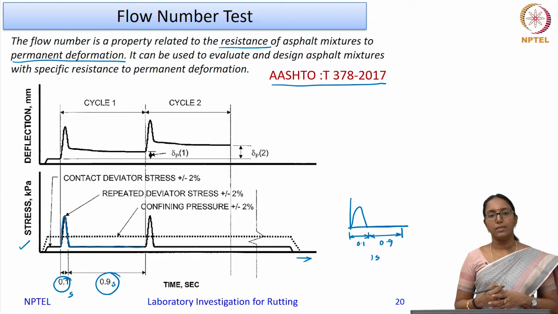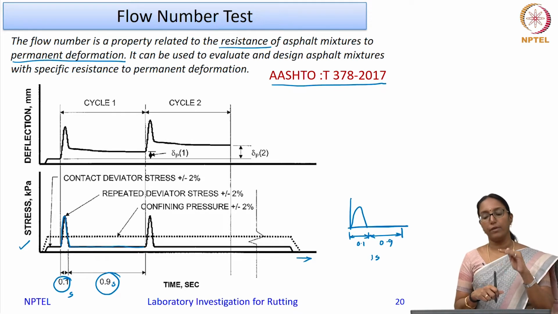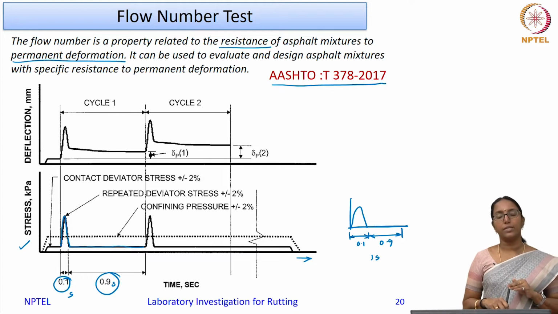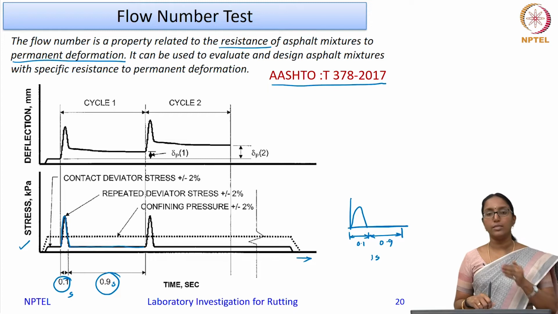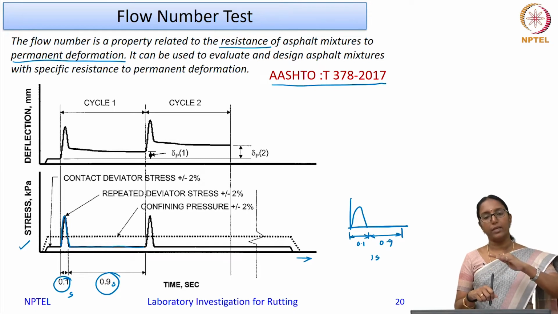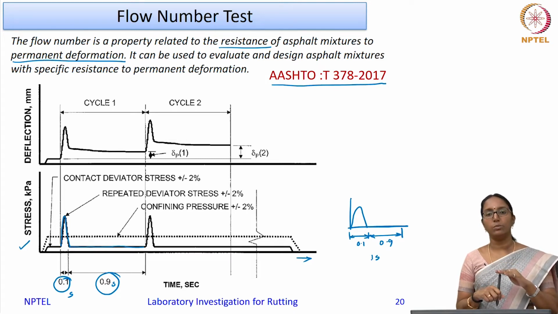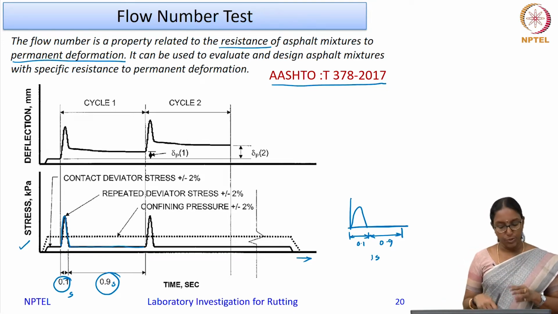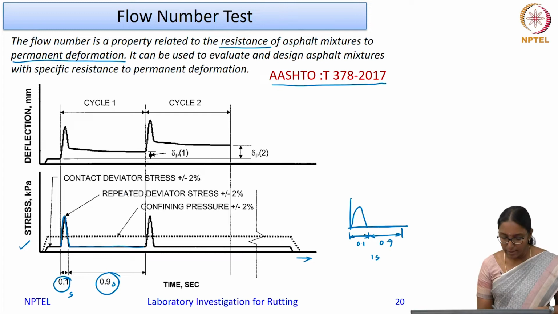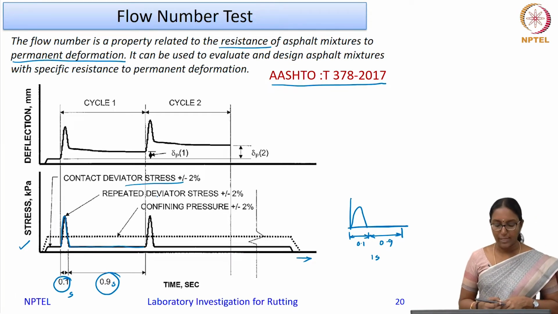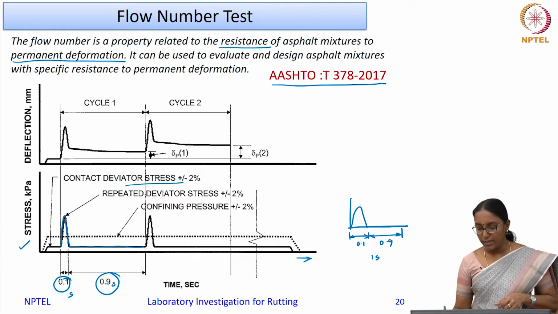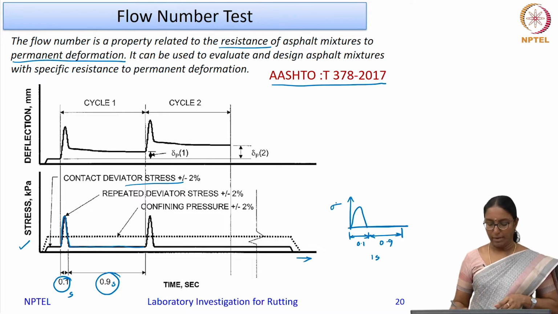In the flow number test, it is necessary that a certain amount of load is always applied, which you call the contact stress or the seating load. Otherwise, if you give zero stress, the contact between the loading frame and the specimen may be lost and there will be difficulty in capturing the data. So, there is always a certain amount of contact stress, say 5% of the deviatoric stress, on top of the deviatoric stress application.